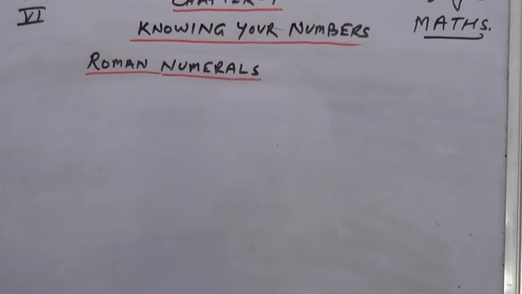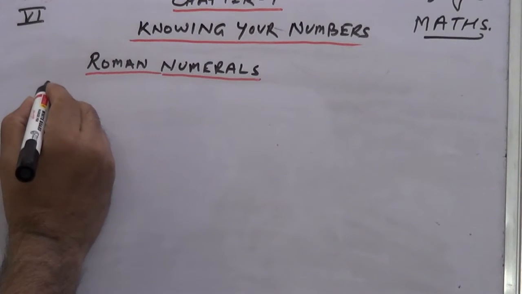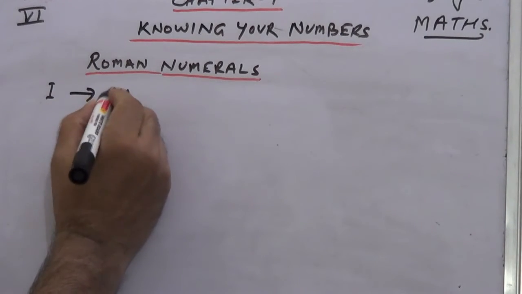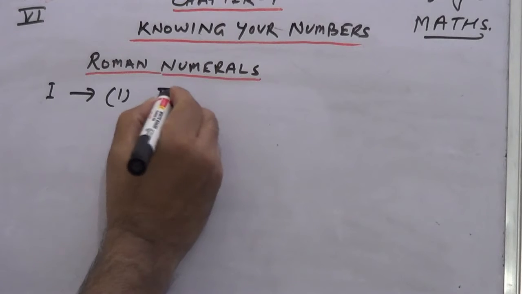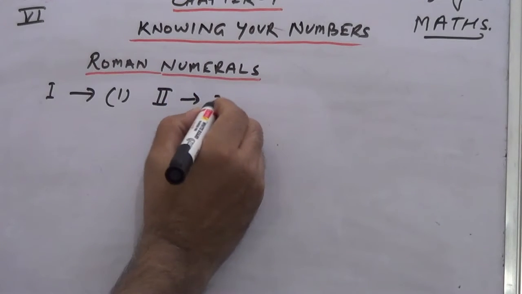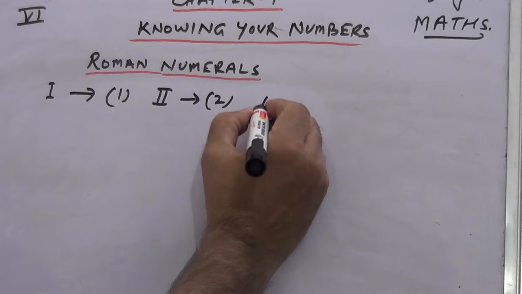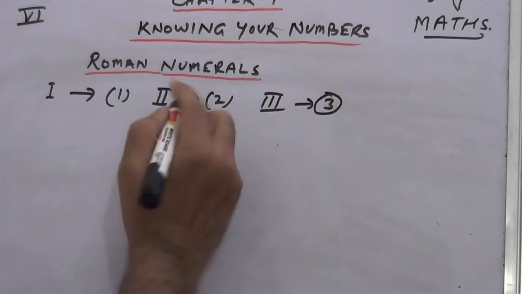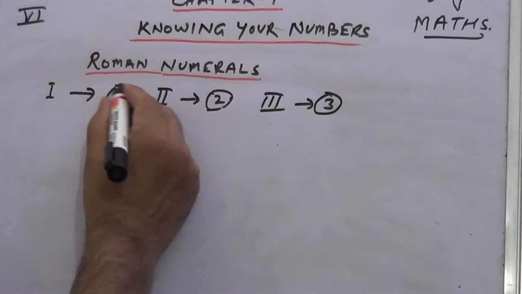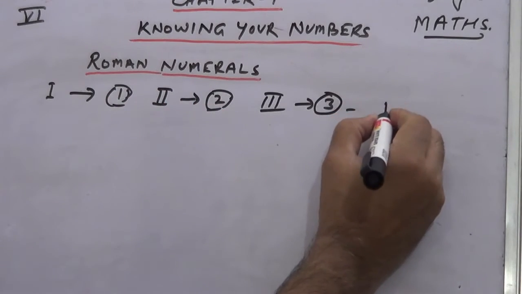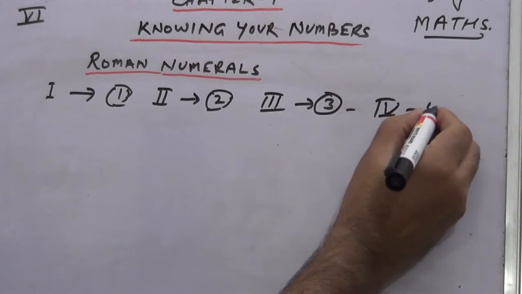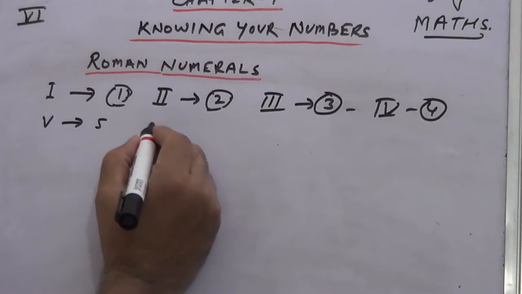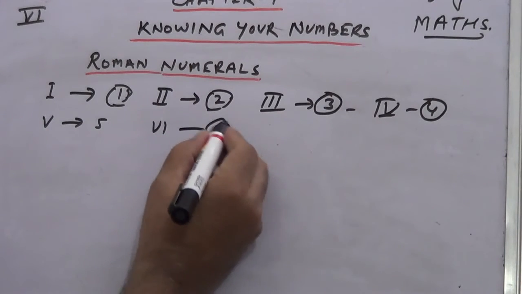In these numbers, 1 stands for 1, and 2 is written as this and 3 is written like this. Number 4 is written like this. Number 5 is written like this. Number 6 is written like this.